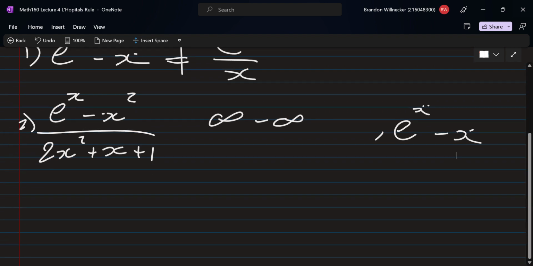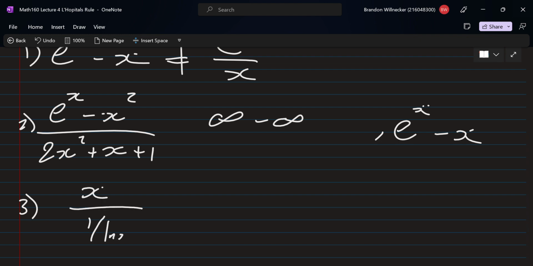The third thing is one of the lines of working was something like this, x over 1 over the natural log of x. When you take it down to the bottom to make it type 0 over 0, for example, I've seen taking the derivative on the top and bottom and then getting 1 over x.